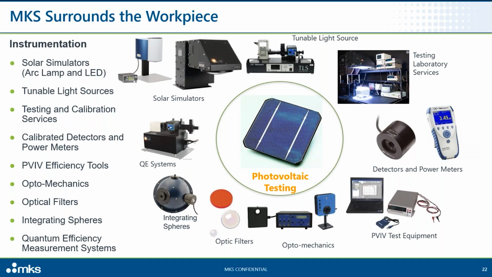We have other methods of measuring the efficiency through PV IV efficiency tools, other optomechanics, such as choppers and filter wheels, that can best automate and get your tested sample to the right type of test condition you need, as well as full integrating sphere and quantum efficiency measurement solutions, making this a turnkey system so you have this set up for success in your lab.